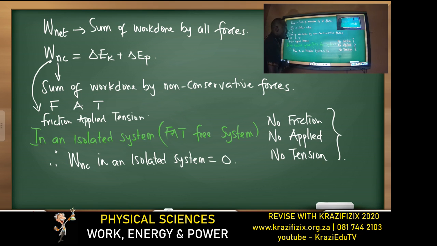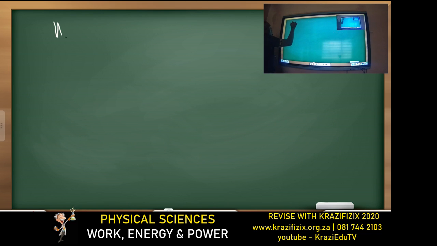Just to quickly look at something, and then we'll look at a question here. Now, if that is equal to 0, let's write the formula again. The work done by non-conservative is equal to the change in EK plus the change in EP.